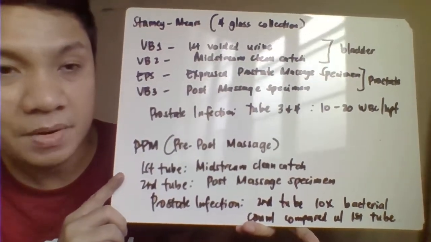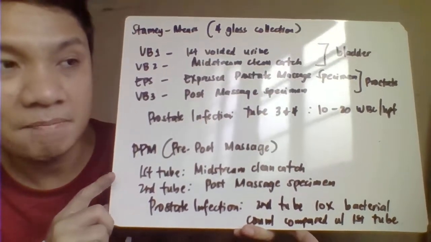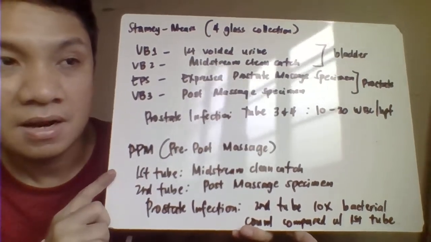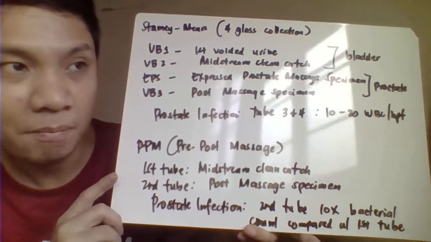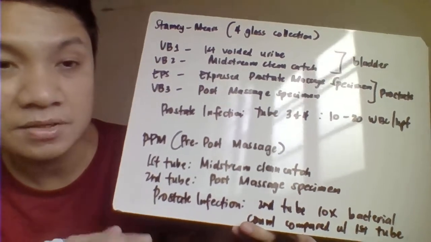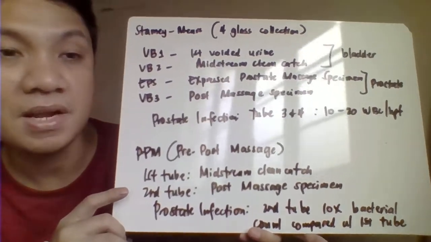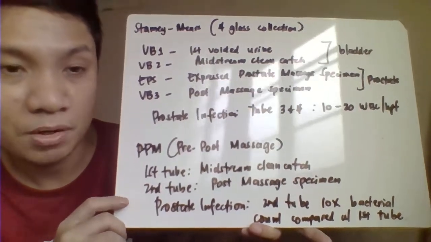Another one, we have your pre- and post-massage tests. So you're going to collect the specimen pre-massage. The tube number 1 is collected as a midstream clean catch. And for your post-massage, before you collect the second tube, massage the prostate, then collect the specimen after you perform the prostate massage. And that becomes your tube number 2.